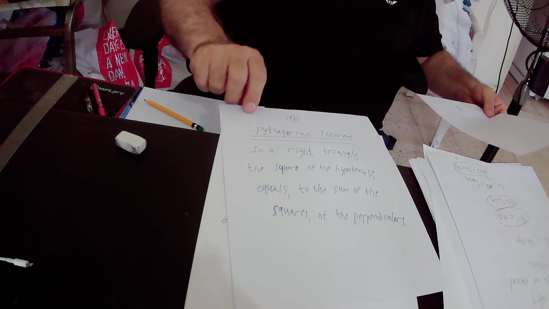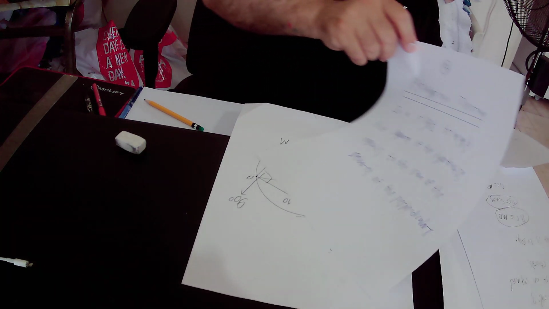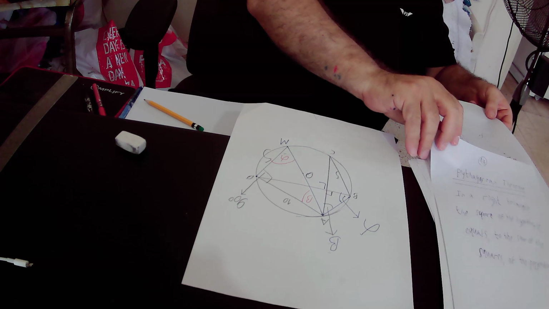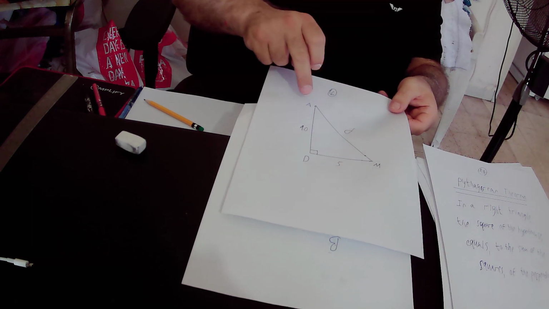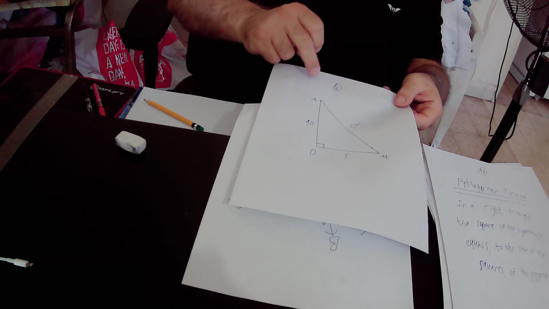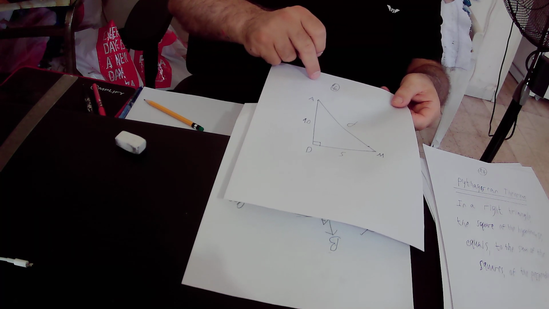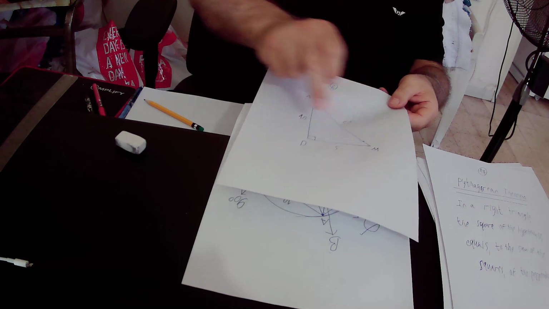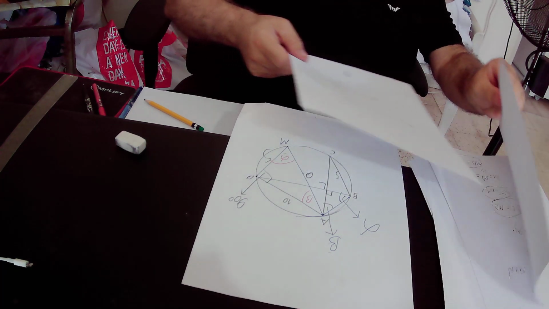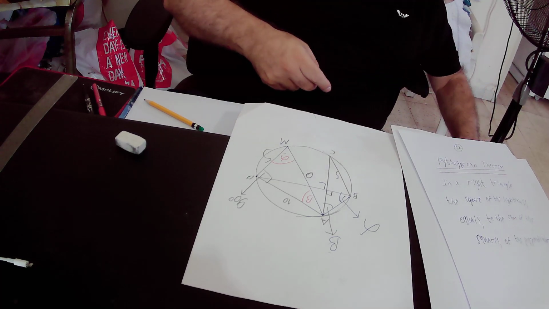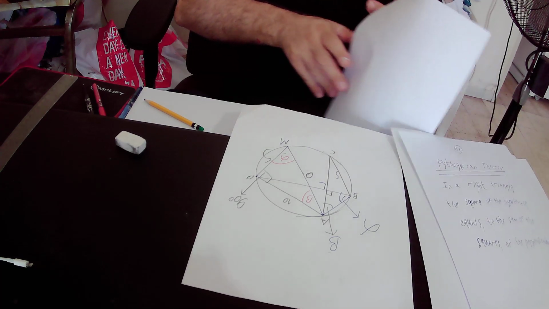So in our right triangle, AM square equals AD square plus MD square. So this is our third equation.